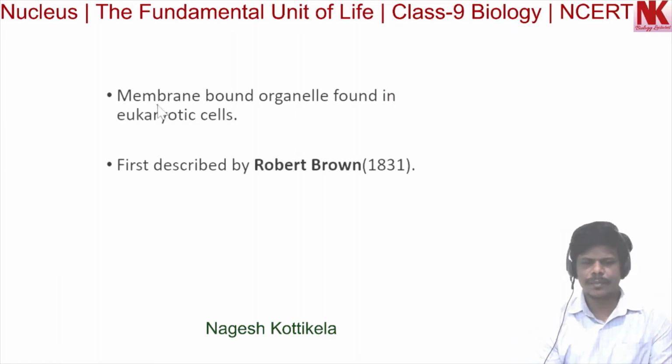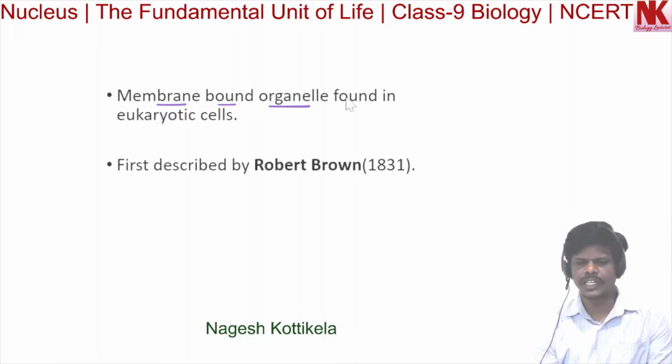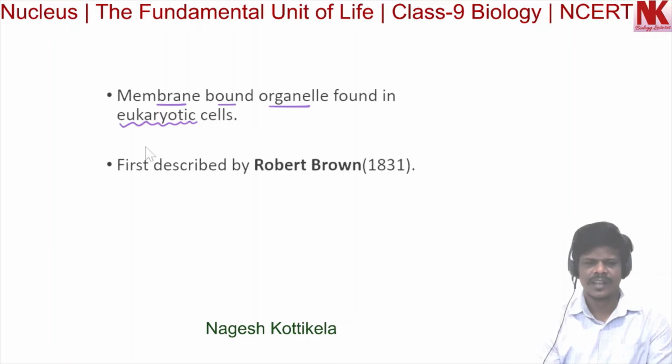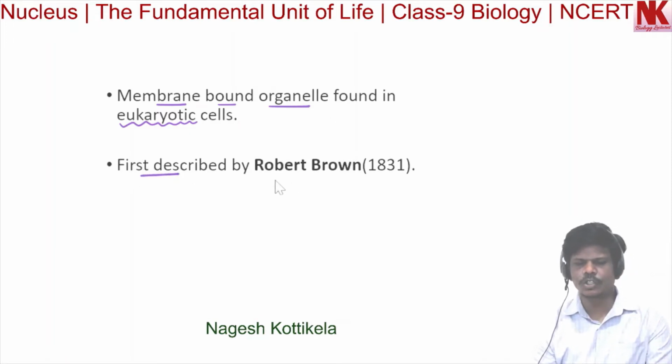Nucleus is a membrane bound organelle found in eukaryotic cells. Eukaryotic cells are those cells which have a well-defined nucleus. Nucleus was first described by Robert Brown in the year 1831.